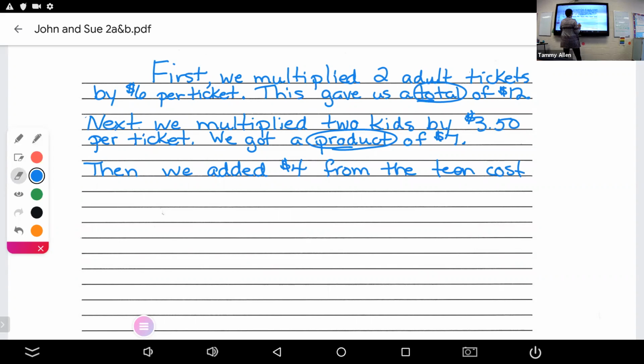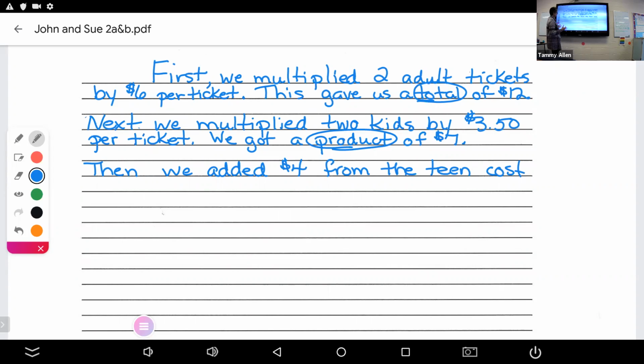Hold on a second. I need to swap these lines. We get a sum of what? What did we add it with? $7.